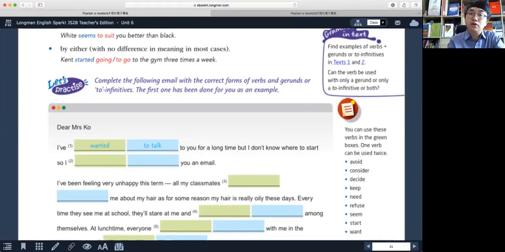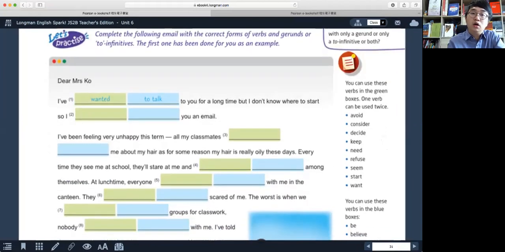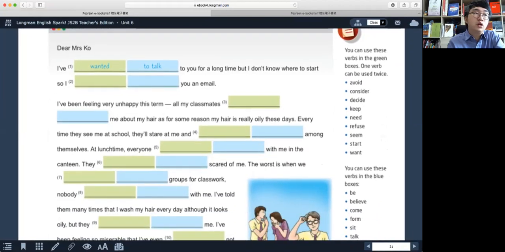In other words, you have to always go to page A10 of your book to have a look at that table and to decide whether we have to use gerunds or infinitive after the verb.